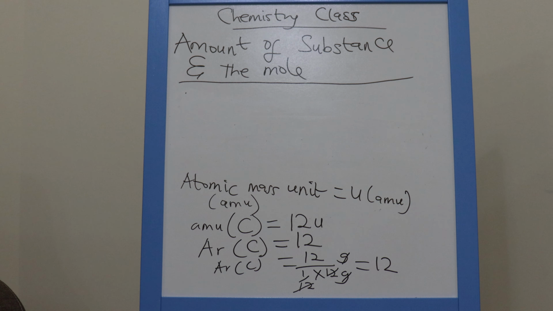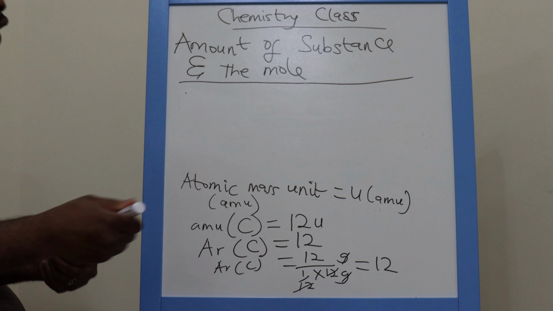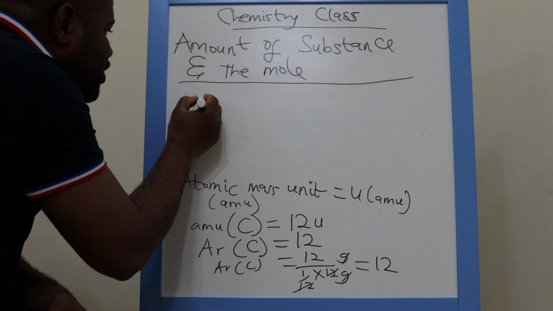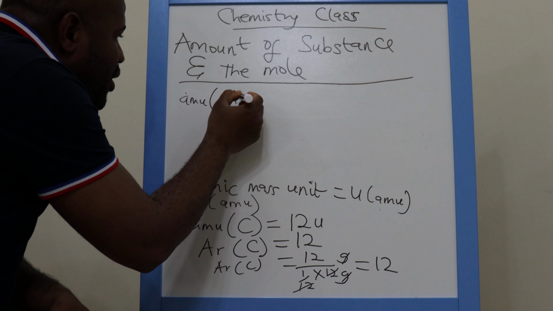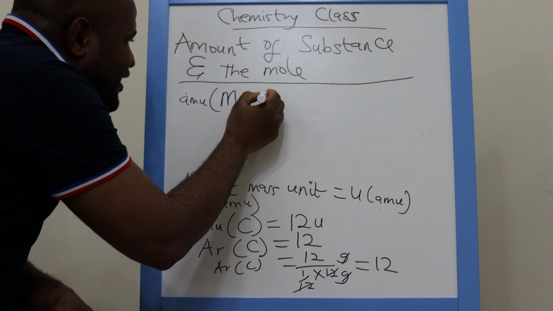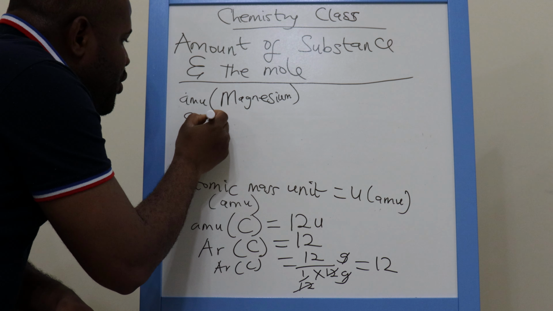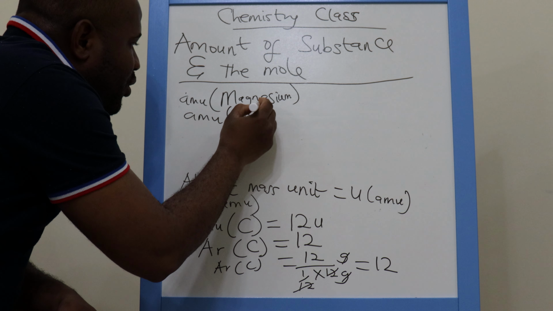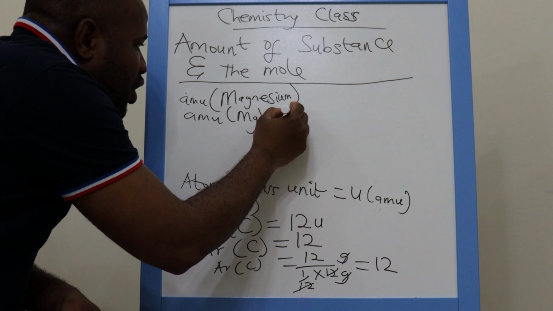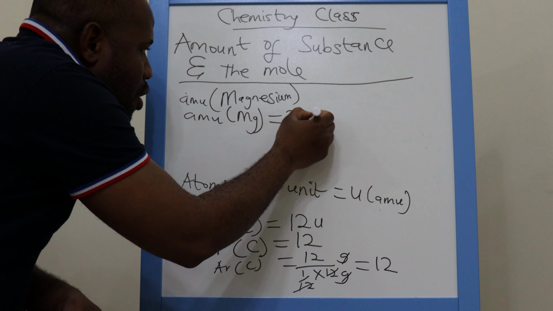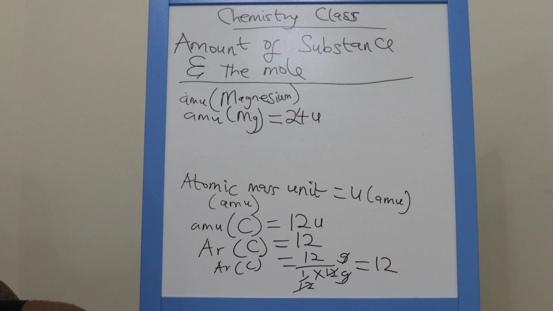So the atomic mass unit for magnesium, the element magnesium, Mg is the symbol, is equal to what? 24 mu.